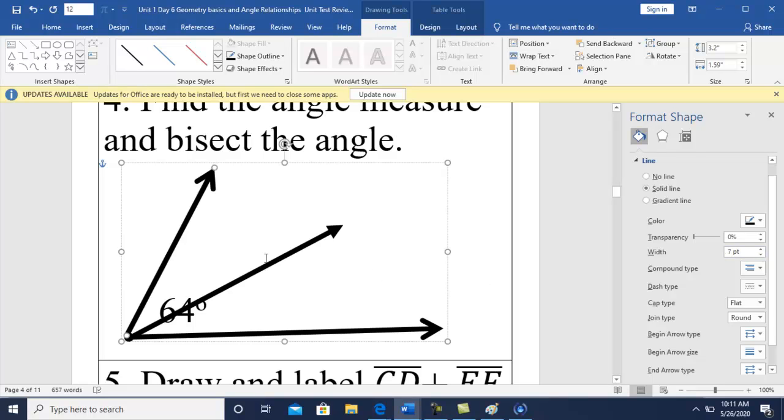Okay, now we're going to cut the angle in half. We're going to have to draw some sort of marking system. And then do it one more time over here.